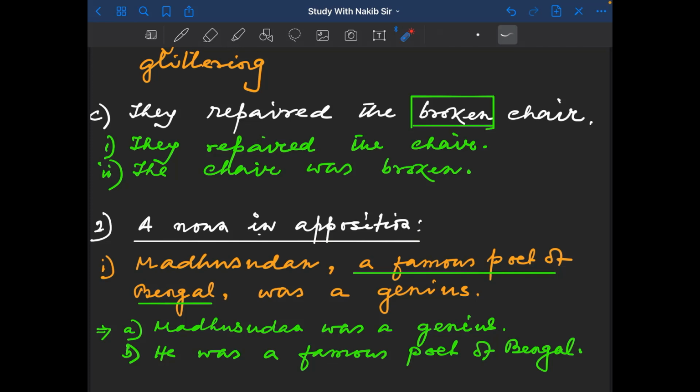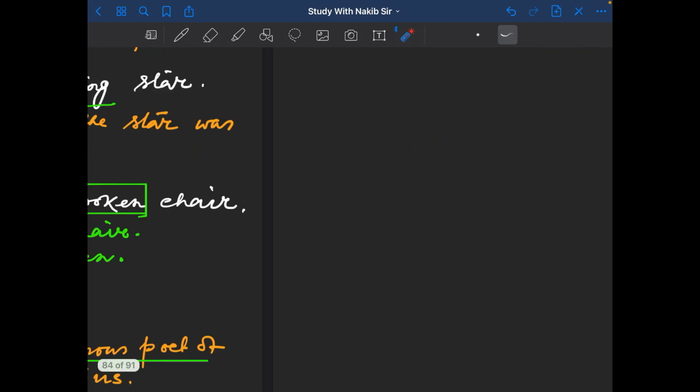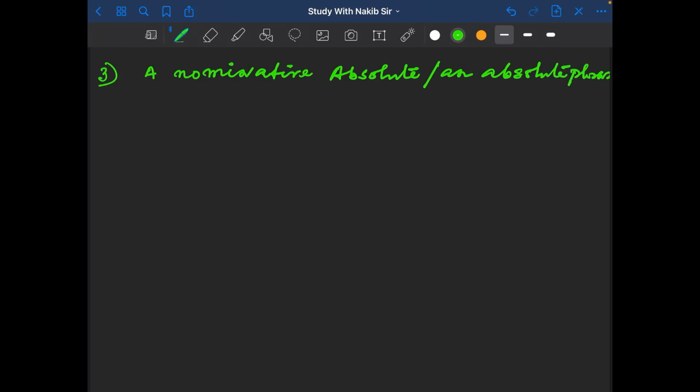Okay, now if you get a nominative absolute or an absolute phrase in a sentence, for that you can make a separate sentence. Okay, take an example.